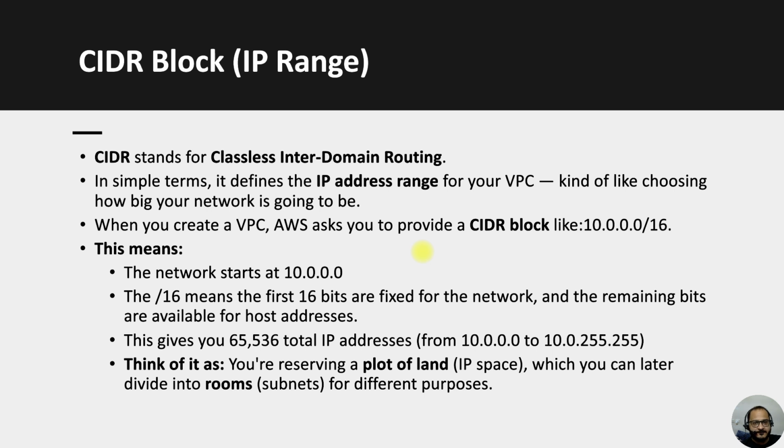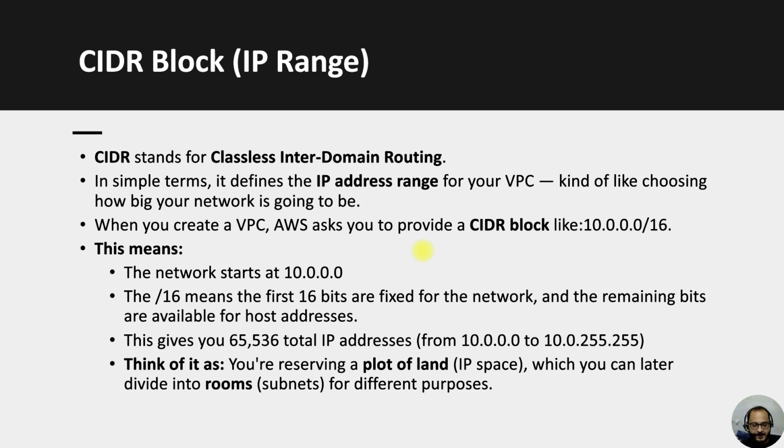CIDR stands for classless inter-domain routing. In simple terms, it defines the IP range for your virtual private cloud. Based on this IP range, we can define how big our network is going to be. For example, suppose you are working in an organization and every user is connected to the office network, then each user will have their own IP address.